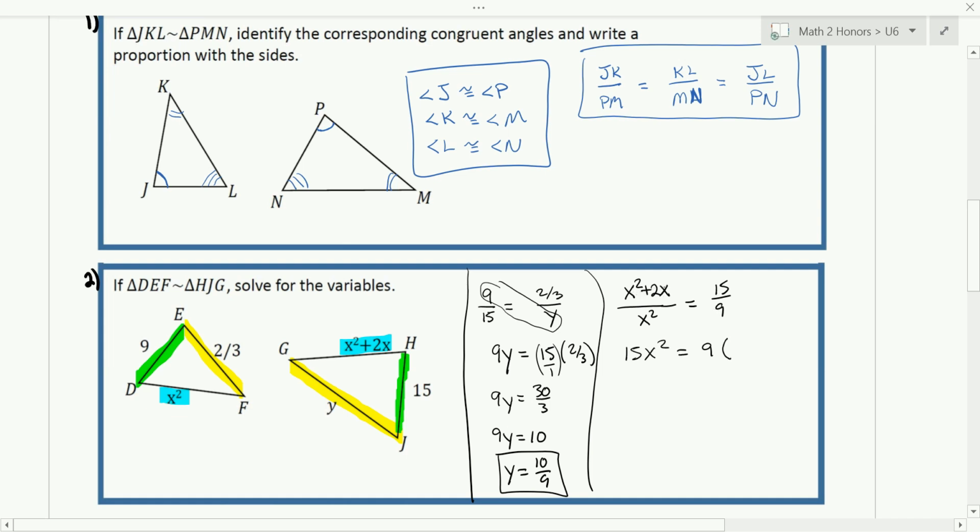You have to distribute to both. So I'm going to put the x squared and the 2x in parentheses so that I don't forget to multiply the 9 to both of them. Okay? And so we end up with 15x squared is equal to 9x squared plus 18x. Okay. Then what?